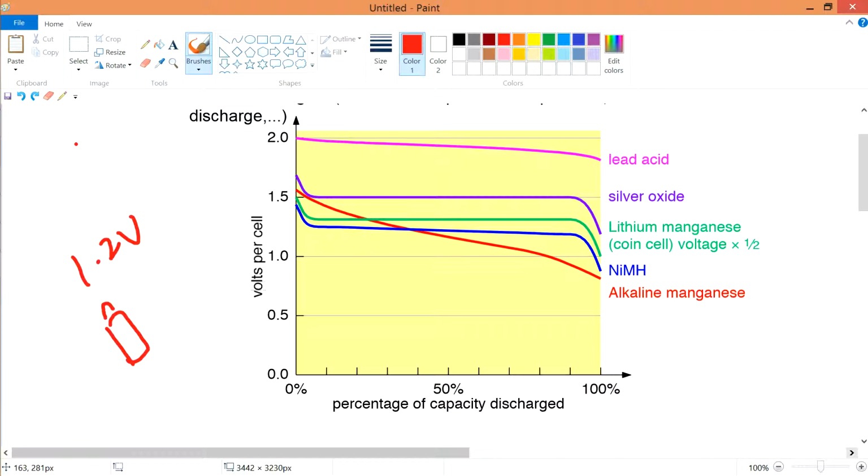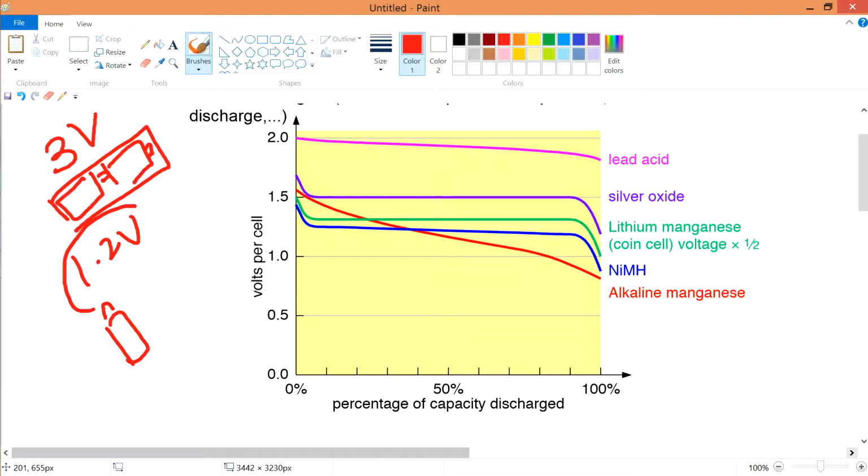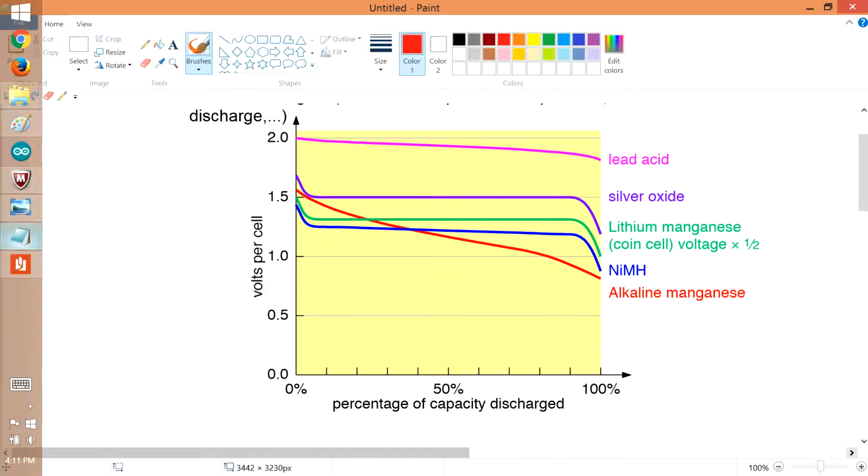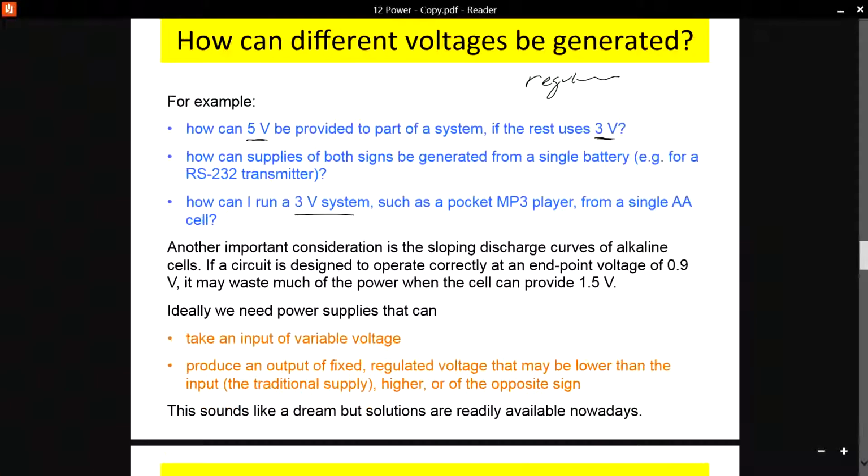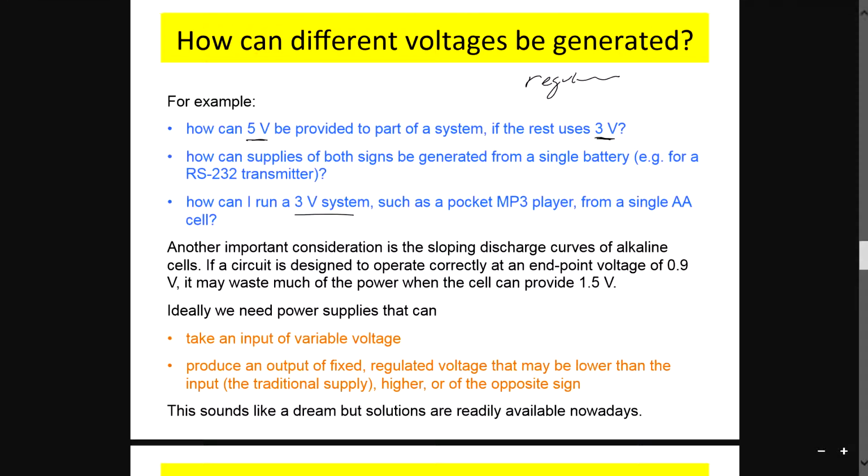So the approximate voltage recommended is 3 volt. Therefore, within your design, you require 2 batteries, but in actual fact, the system only requires 1.2 volt. Alright, so I think this is the answer they're trying to ask for. I may be wrong, so keep an open mind also.